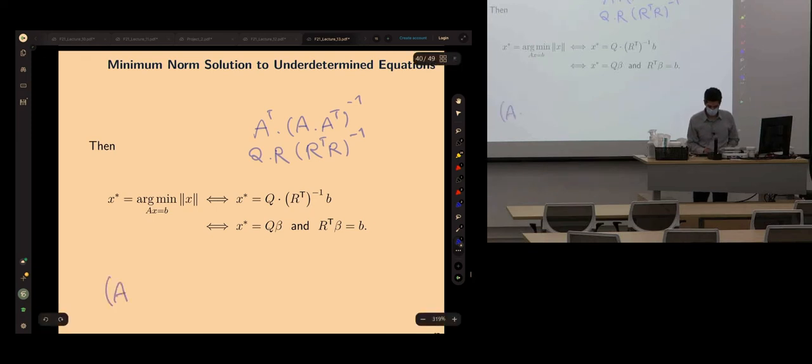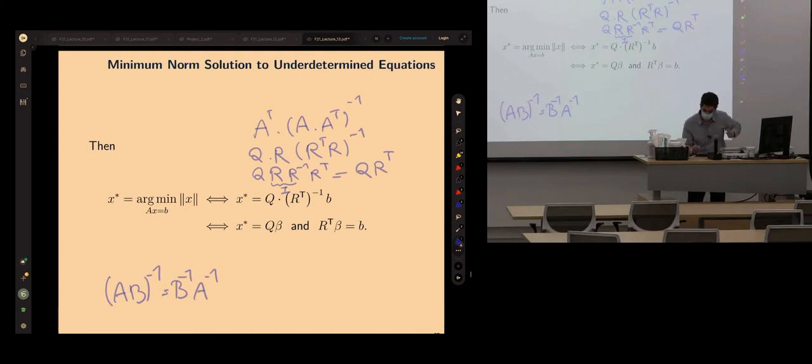Now, you remember (AB) inverse is B inverse A inverse. So this is actually going to be Q R R inverse R transpose inverse. And that's Q identity, R transpose inverse.